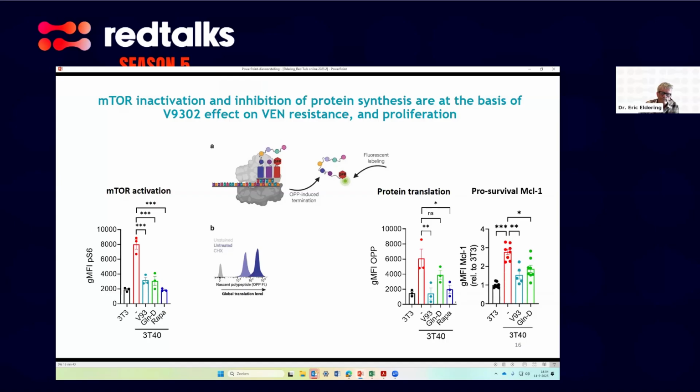This is known from other groups and our own data. And we can indeed lower the levels of MCL1 by using V9302 and again less so glutamine deprivation, which can explain the previous results that I showed you for the venetoclax resistance, which is in fact mediated partly by this pro-survival protein. This is known.